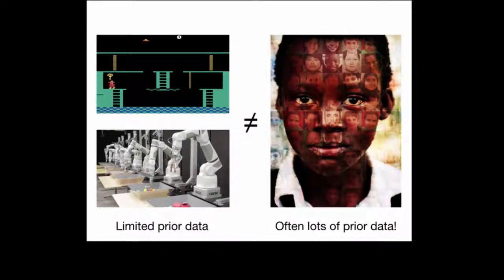Another thing: I mentioned some of the challenges in reinforcement learning when we start to deal with people, but there's actually also a benefit. When we think about robots acting with people, or about video games, we have access to some data, but not a lot, particularly in the robotics case. We don't all have 10 robots in our homes constantly generating data.